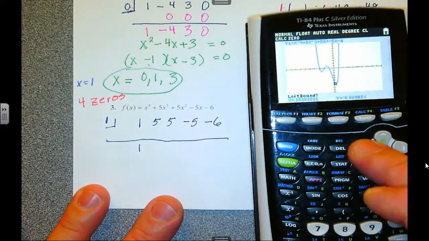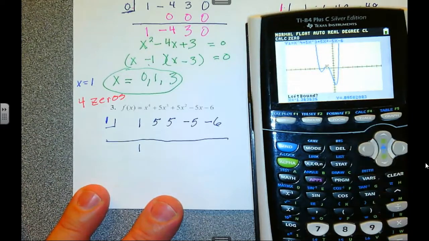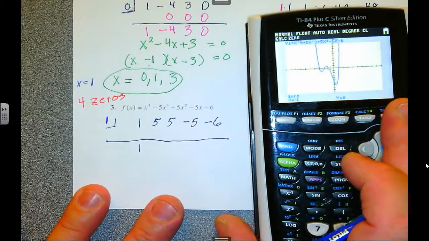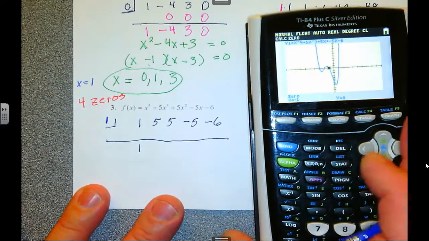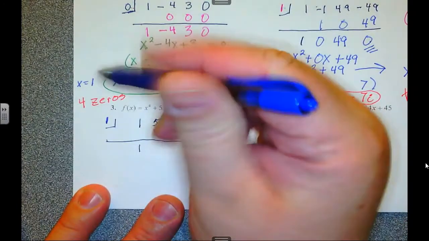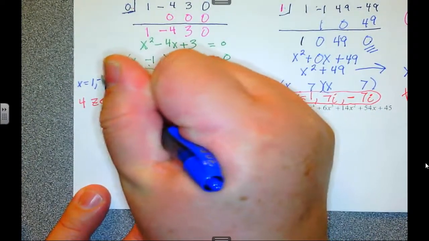Got it? I'm going to find another one. Left bound, right bound, enter, negative 1. So I found 2 zeros, positive 1 and negative 1.